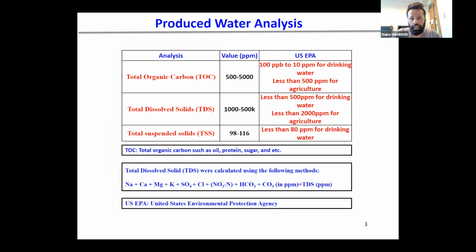And here in the third column, you can see the EPA regulation for drinking water and agriculture. TDS is the summation of these elements, and I'm going to use this term over and over in my presentation. That's why I want you to remember that TDS is just the summation of these elements.